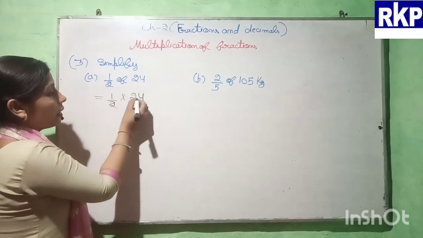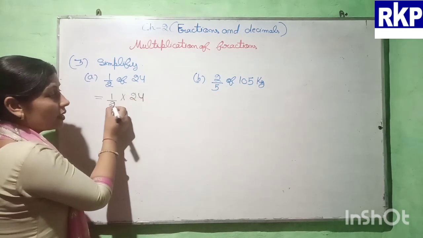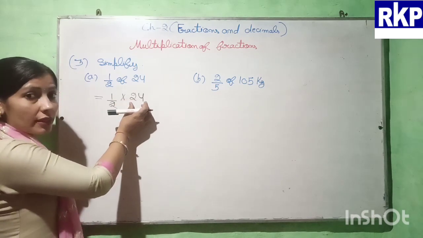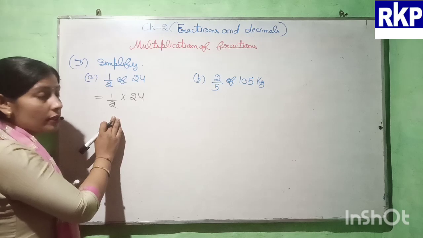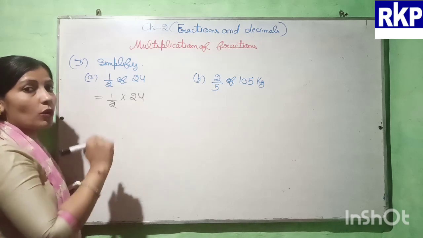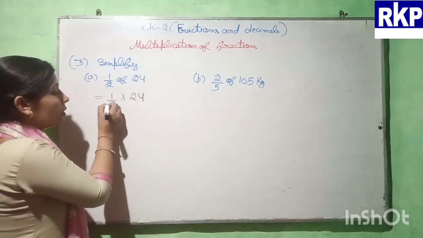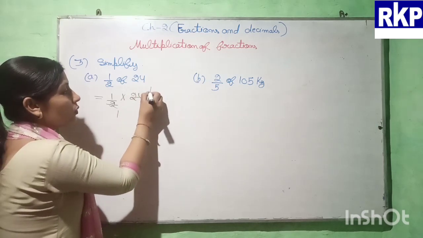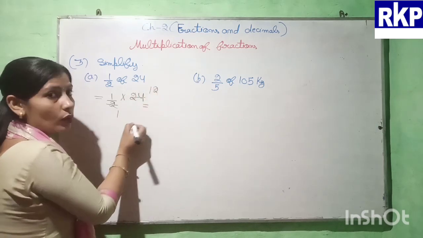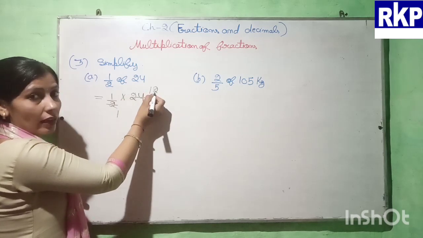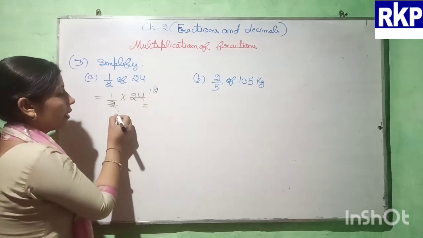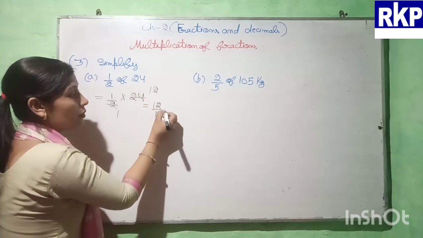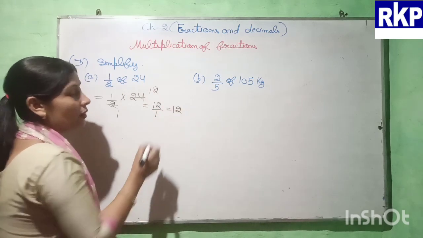Now, beta, here 2 is given and here 24. 24 is the numerator and 2 is the denominator. Both are having the same common factor, right? Both are having 2 as a common factor. 2 ones are 2 and 2 twelves are 24. So here 1 and 12 as numerator and here only 1. So 12 ones are 12 and here 1. So 12 will be our answer.